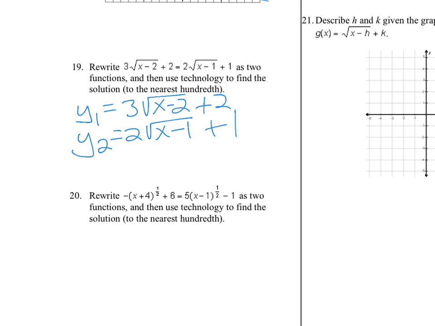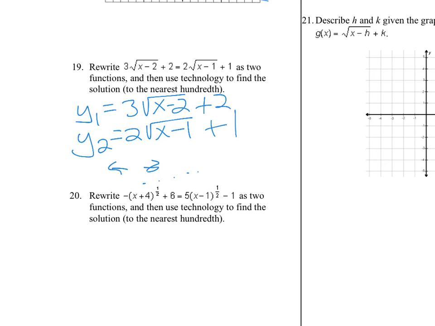I think it's number 5. Anyway, then you use your arrow buttons to move the little flashy thing until it sits right on top of the spot where your intersection is.